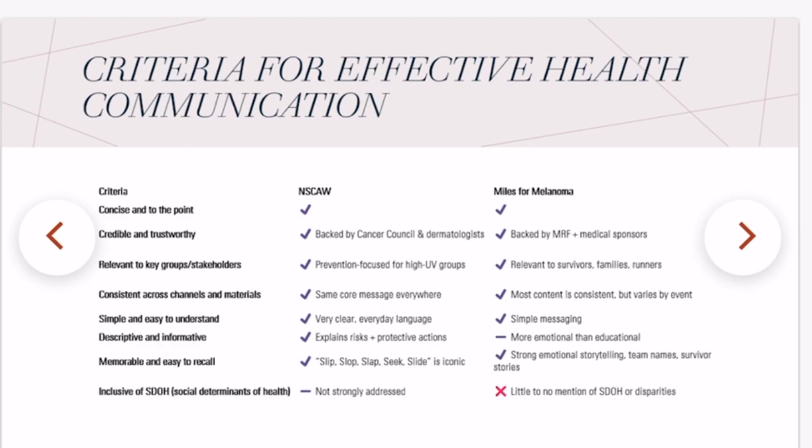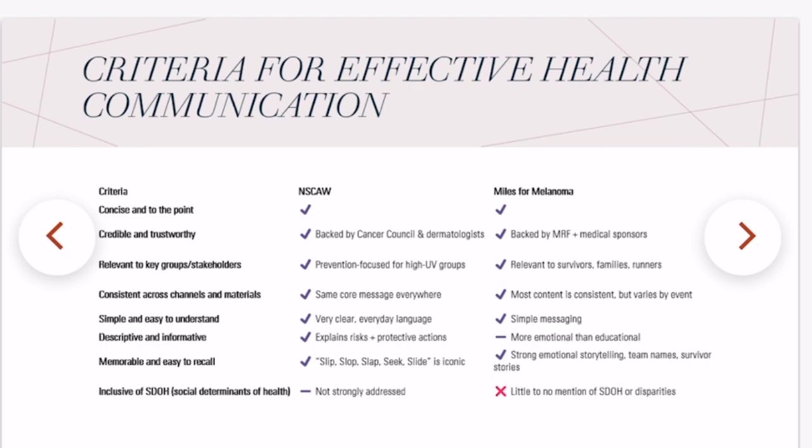So here we can compare some criteria for effective health communication between the two campaigns. You can see that the National Skincare Action Week is concise and to the point, which is the same for the Miles for Melanoma, and they're both credible and trustworthy, relevant to key groups and stakeholders, consistent across channels and materials, simple to understand, and descriptive and informative, which you can see that Miles for Melanoma needs more emotional than educational.